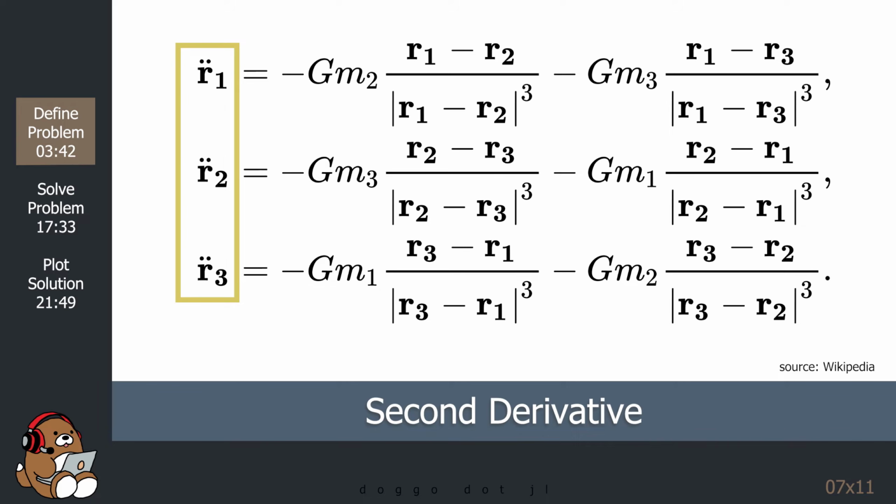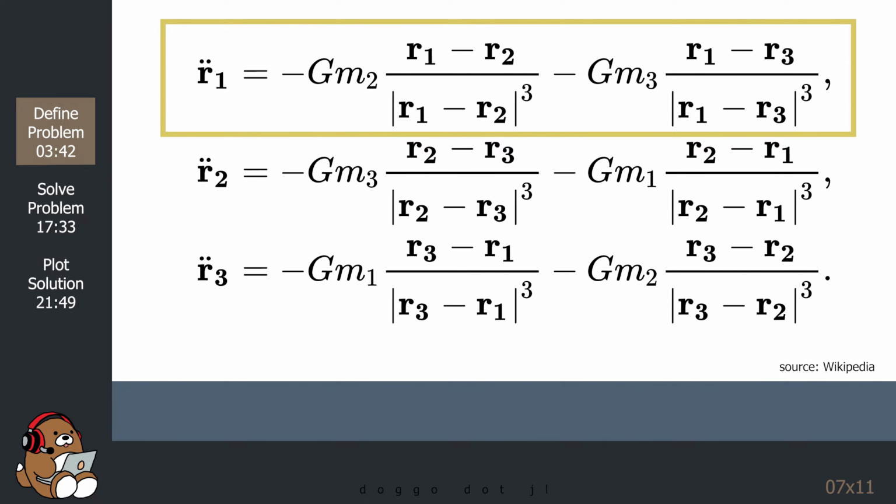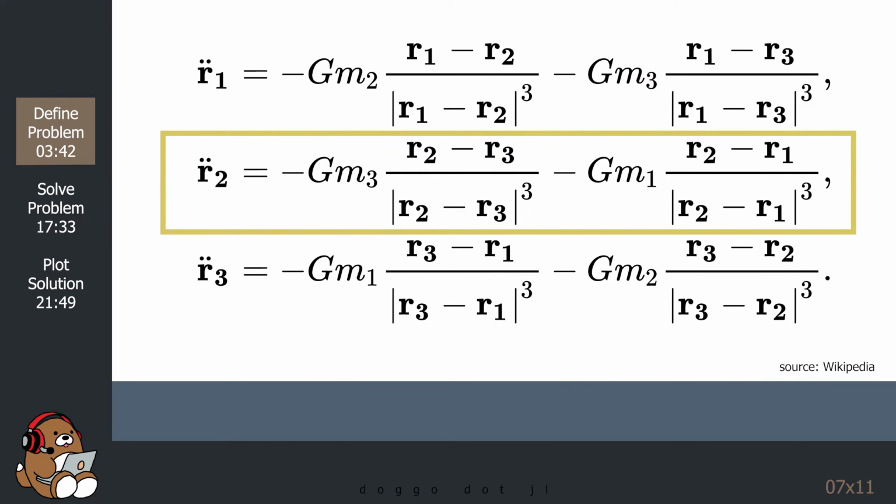So what you're looking at is a system of second-order ordinary differential equations that define the acceleration of the three bodies with respect to time. So the first equation shows how the first body, with mass m1, is impacted by the gravity of the second body and the third body. And the second equation shows how the second body, with mass m2, is impacted by the gravity of the third body and the first body.